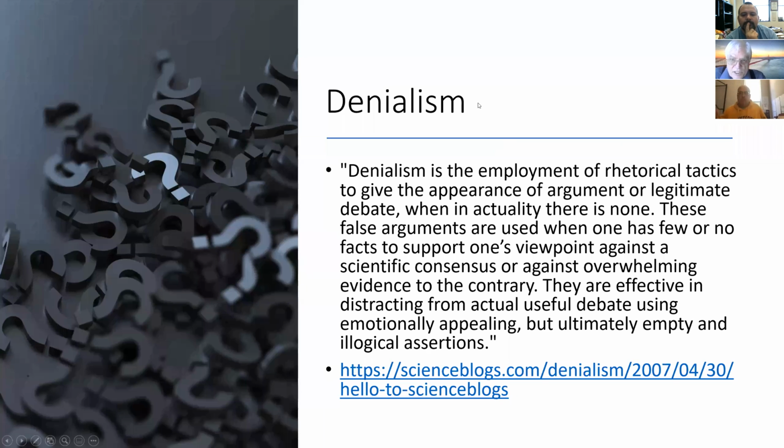So we have this phenomenon of denialism going around, and you can see it's got a long definition here that came from a blog by a couple of fellows, one a lawyer and the other one was, I don't remember, 2 brothers. So employment of rhetorical tactics to give the appearance of argument or legitimate debate.